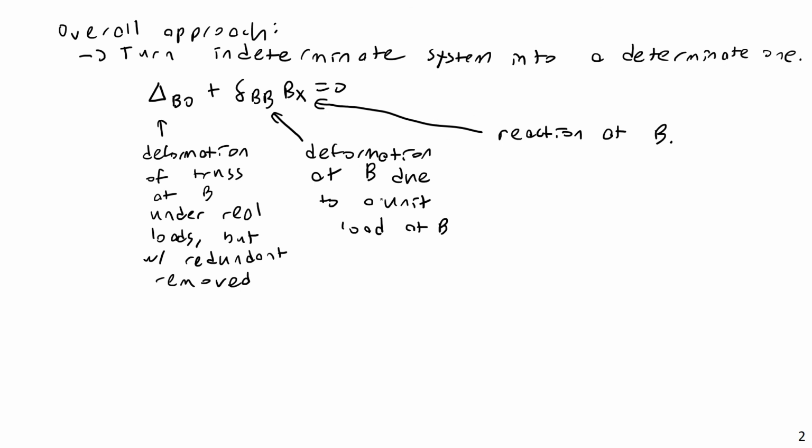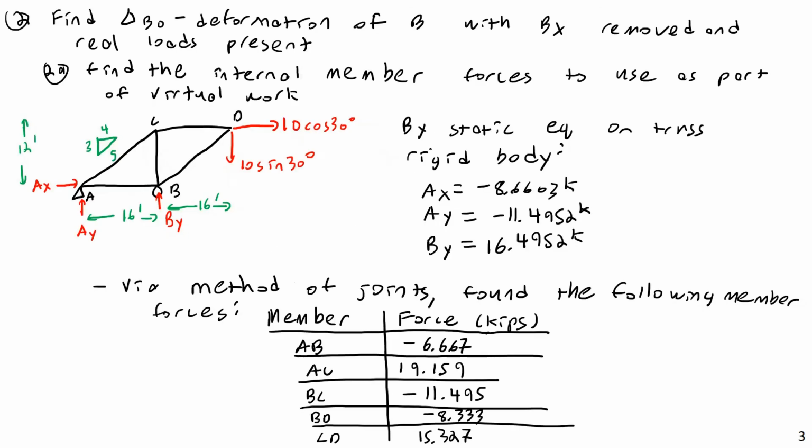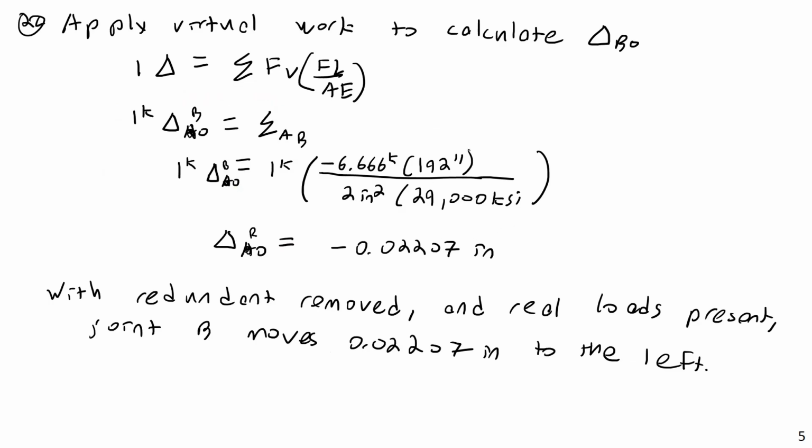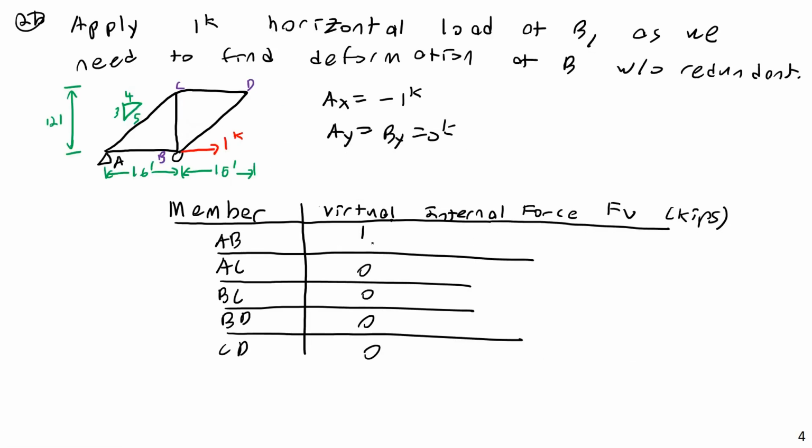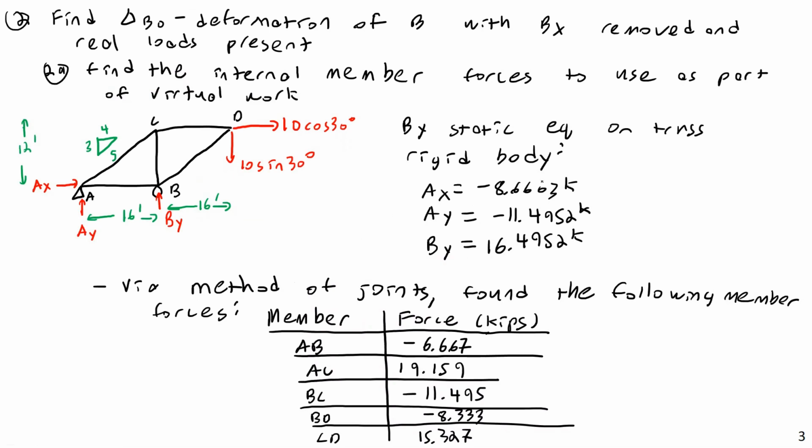And I'm going to apply the force method equation to solve for BX, my redundant force, using both the capital delta, where I'm finding the deformation under the real loads, and the lowercase delta. For both of them, I did a whole virtual work method just to find those individual quantities.